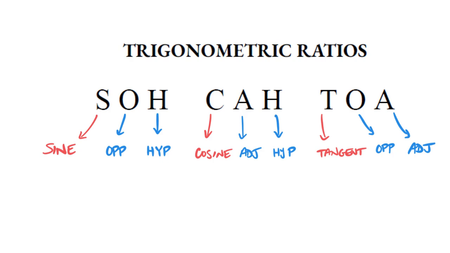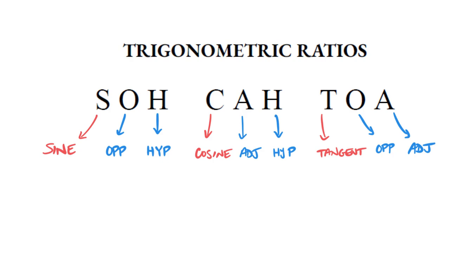Each one of those letters represent something else. It is the first letter in their name. You'll see it if we group each of those 9 letters into 3, the same way I've spaced them out. Take a look at the first 3 letters. You have SOH. S is your sine ratio, and your sine ratio is made up of opposite and hypotenuse.